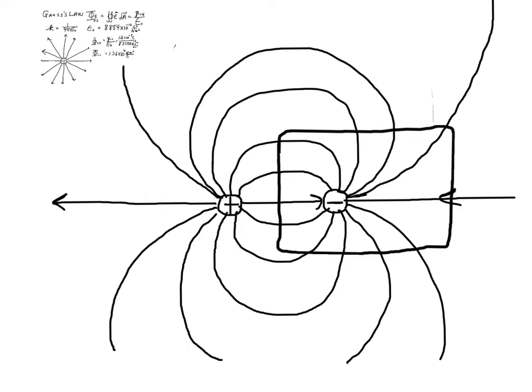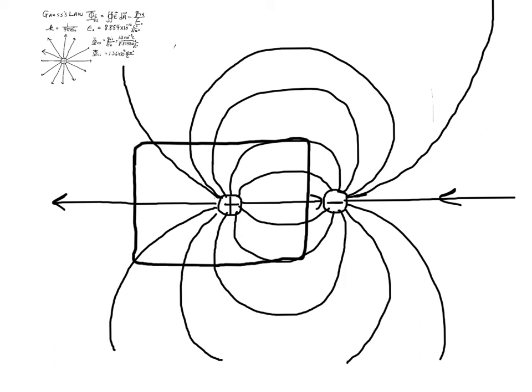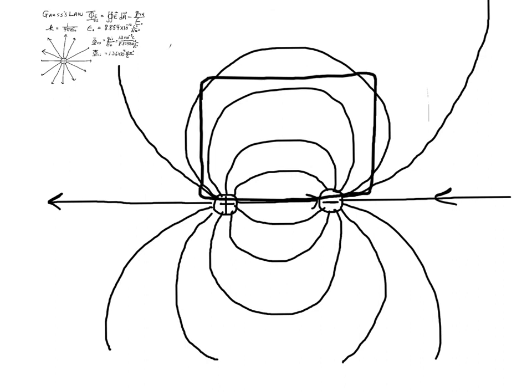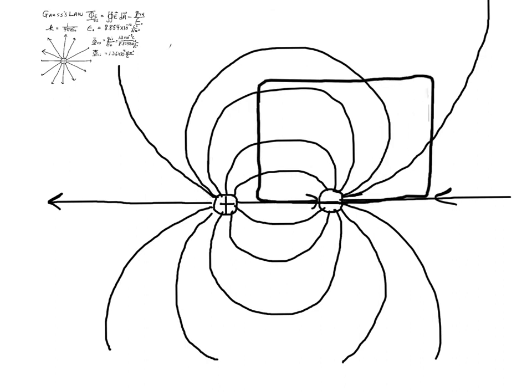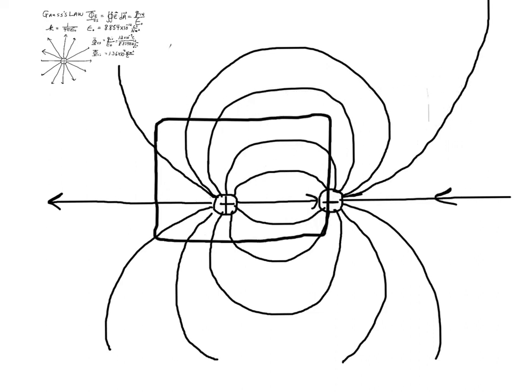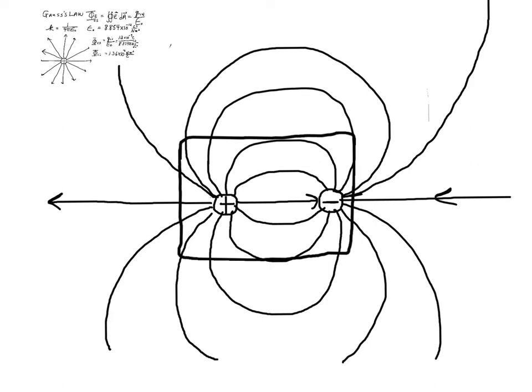If I place the rectangle here, I have 12 lines leaving. If I were to place it here, I would have, say, 8 lines leaving because I have a little less than half the charge inside, so half the flux leaving. And so no matter where I put it, the result I get is consistent with Gauss's law.